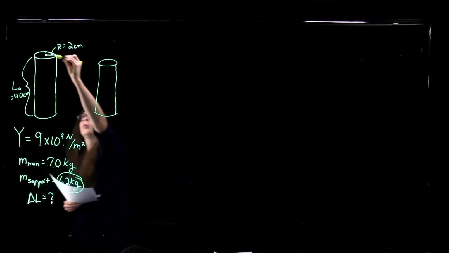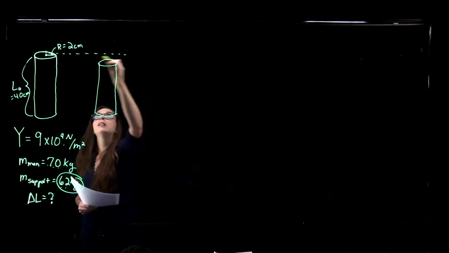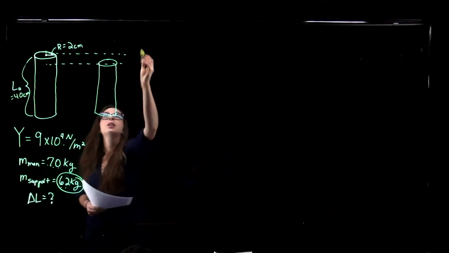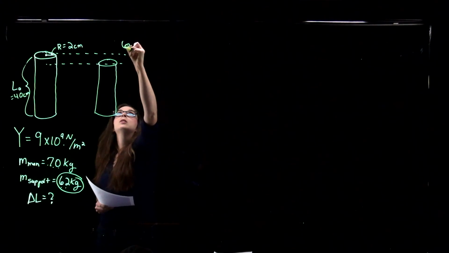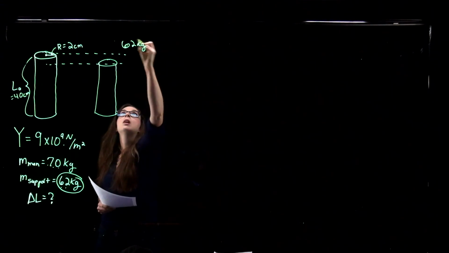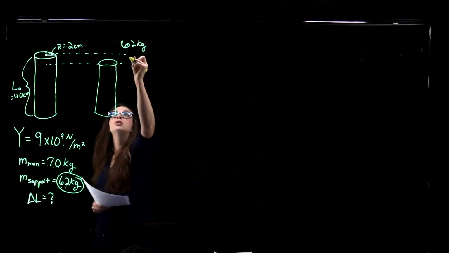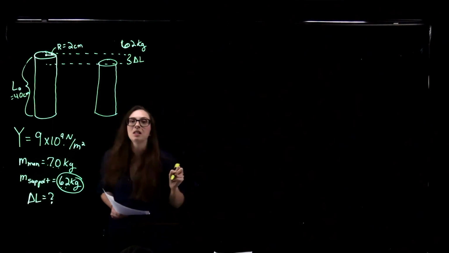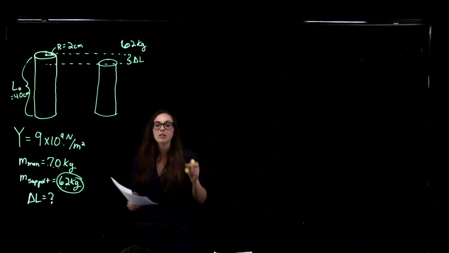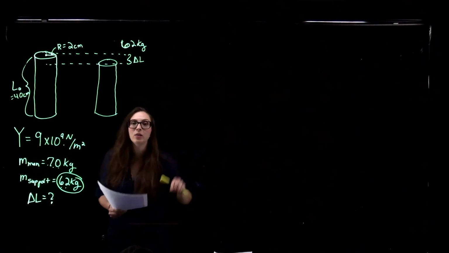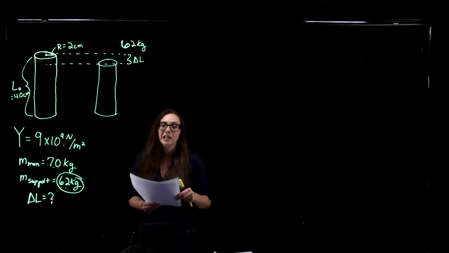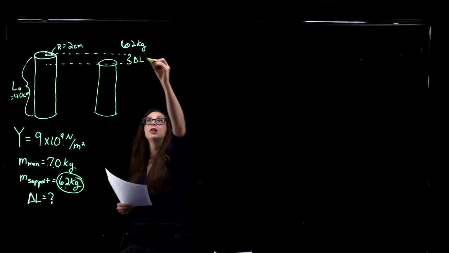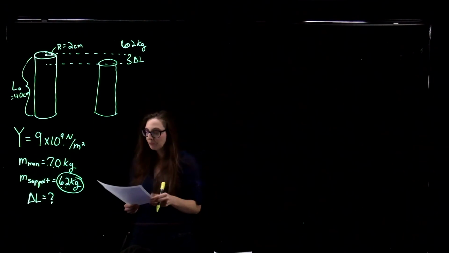So that man applies a mass of 62 kilograms onto that leg, and in doing so compresses that leg a distance that we're going to call delta L, the change in the length of the leg. We're compressing it in this situation, so we're going to try to figure out what this compression is.